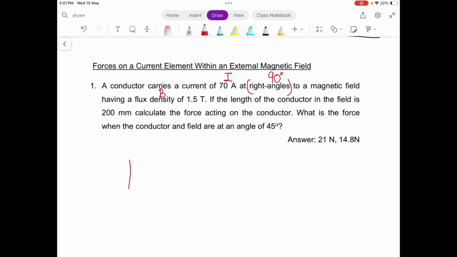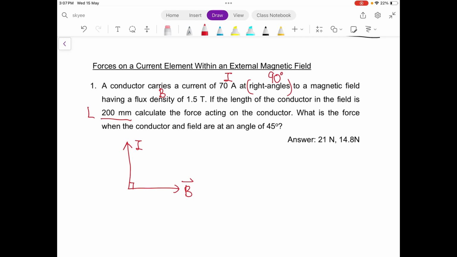So if this is your I direction, your B direction will have a 90 degree angle to it. If the length of the conductor in the field is 200 millimeter, calculate the force acting on the conductor.